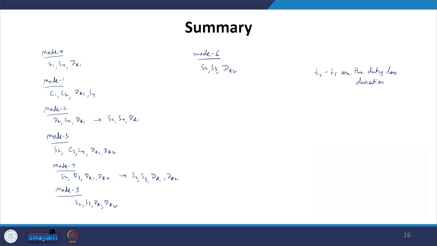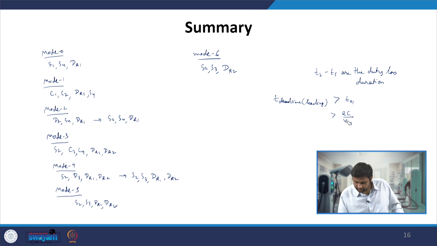Now, if you look carefully, in the leading leg we have defined the required condition to achieve the ZVS, which is that the time of the leading leg has to be greater than T01, which we can say is greater than 2C_in by I1.